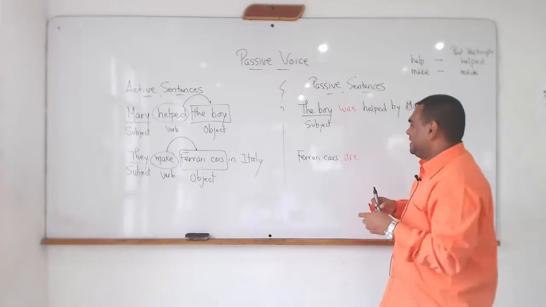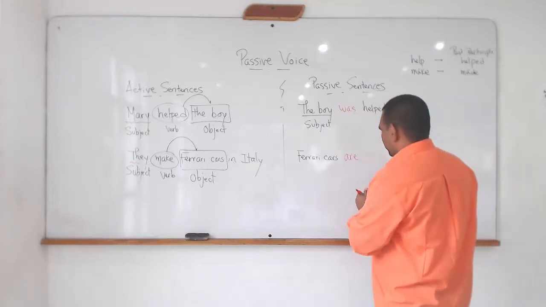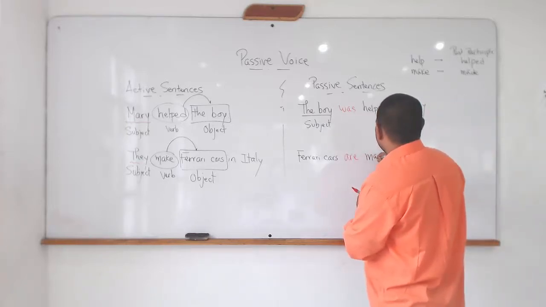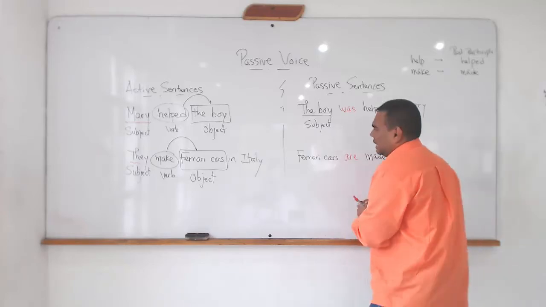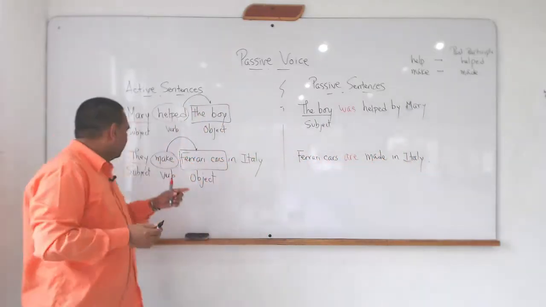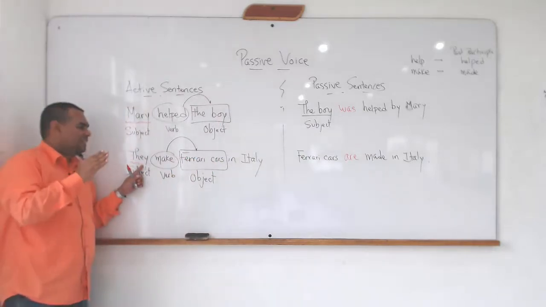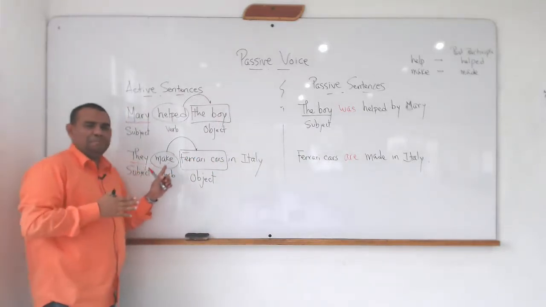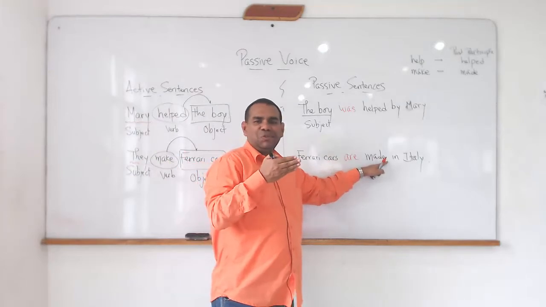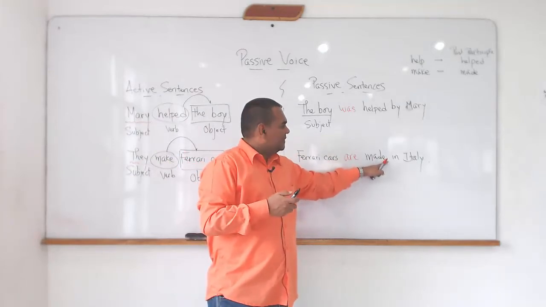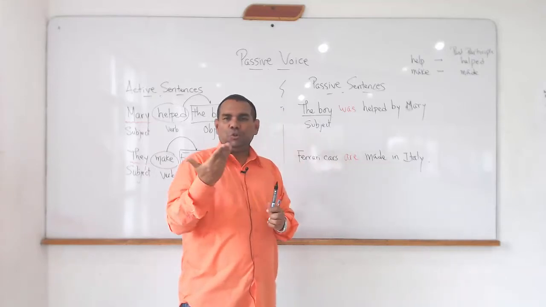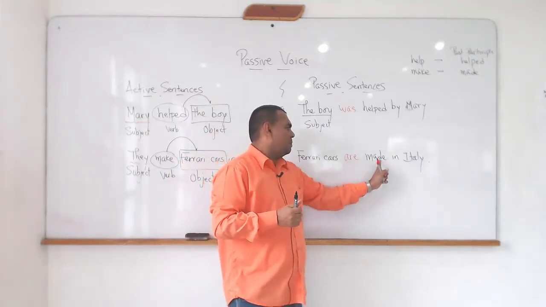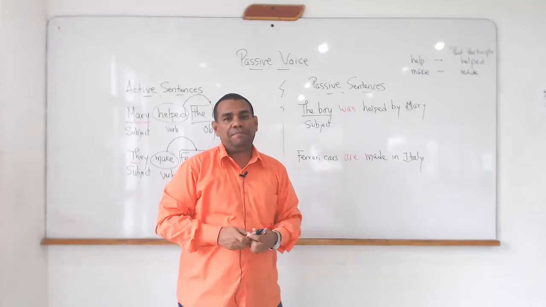But not all the time we'll see that. You know that for sure. Ferrari cars are made in Italy. And now look at this. The fact of having a non-well-defined subject implies that in sentence number 2, which is the passive sentence, it's not important to include it. So it is not usual to say Ferrari cars are made by them in Italy.